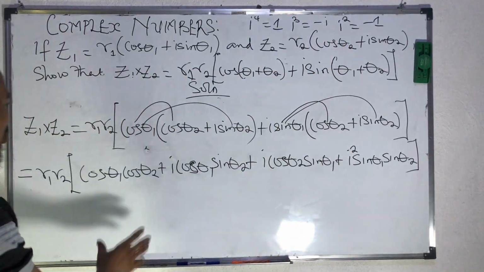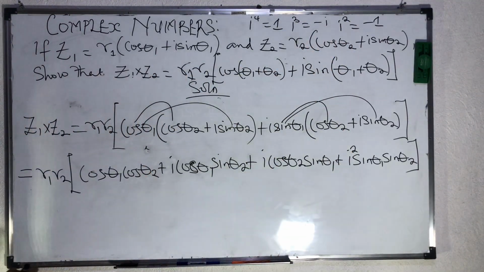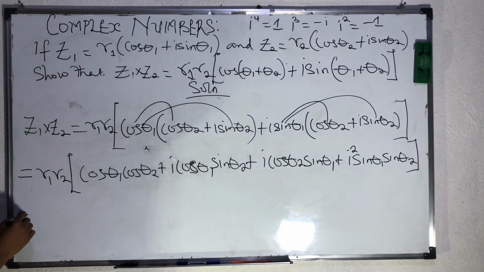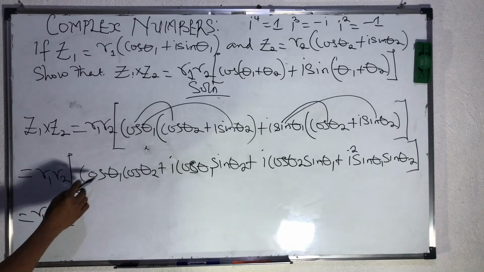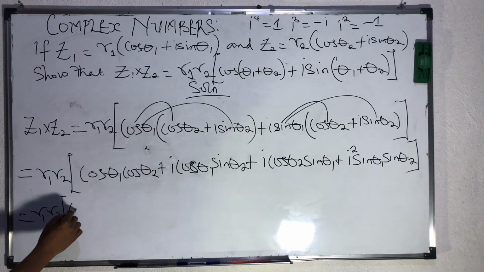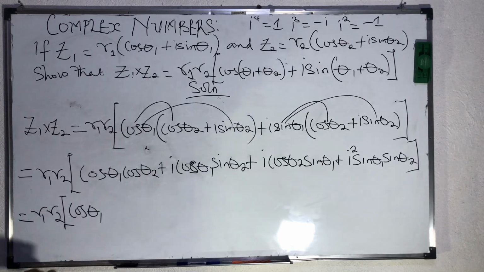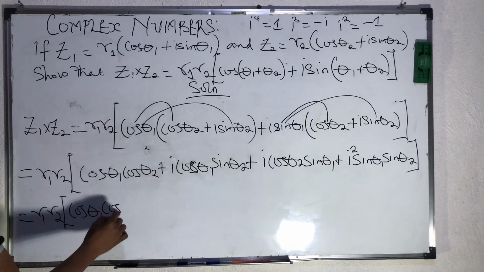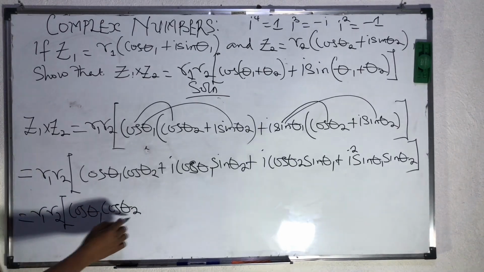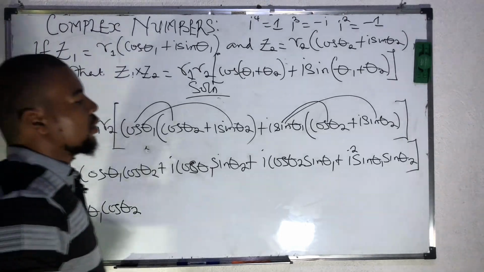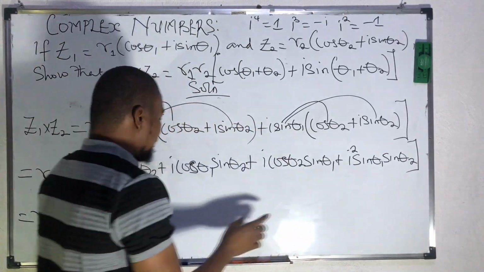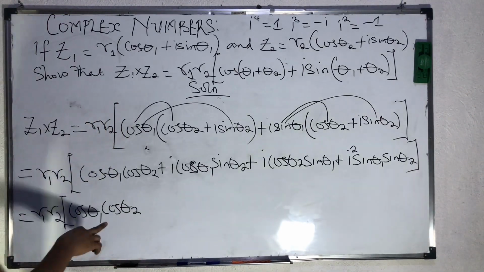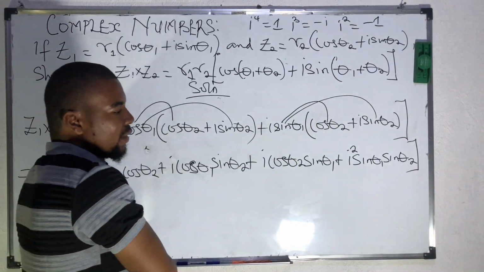Now let's do that. I'm going to copy everything down so that we would not make any mistake. Here we have r sub 1, r sub 2 multiplied by cos theta 1 cos theta 2. Now permit me to bring the i squared to this very place because I've seen that we'll end up having a trigonometric identity.